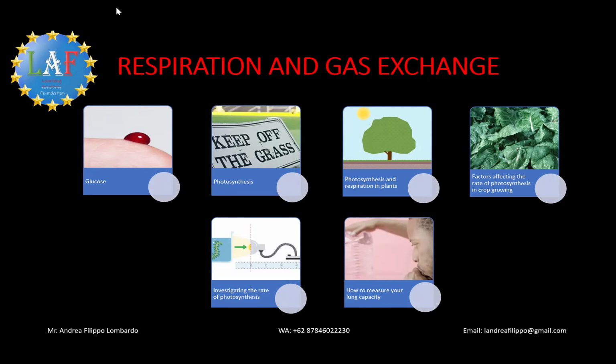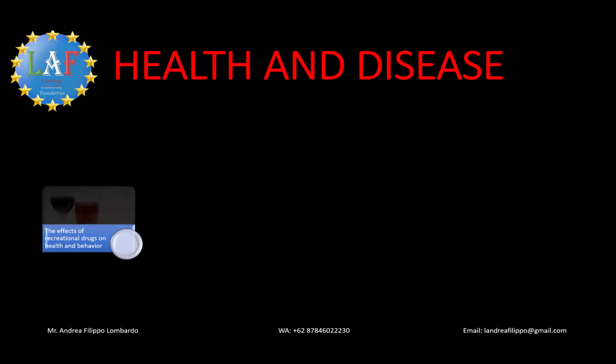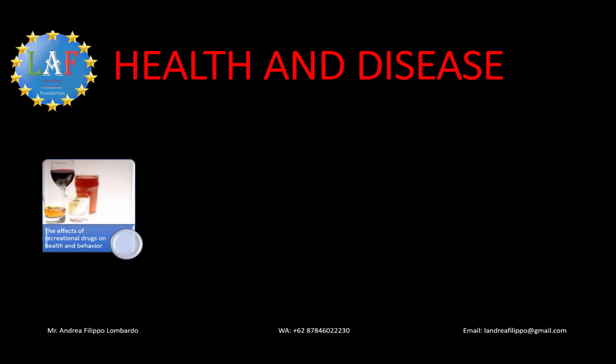The next section will be about health and disease, where the students will see that legal and illegal drugs can change how people act and cause health problems. They will learn about communicable diseases and non-communicable diseases.